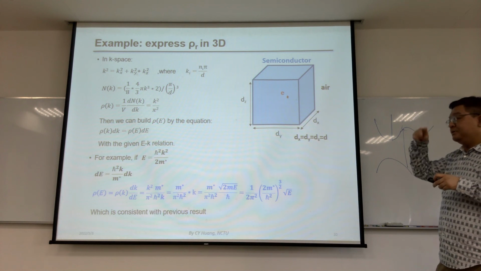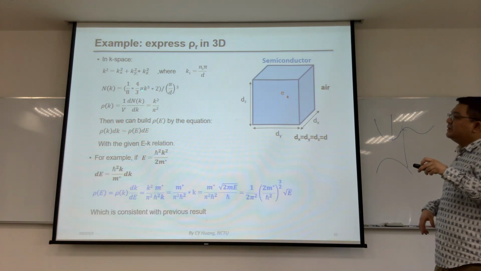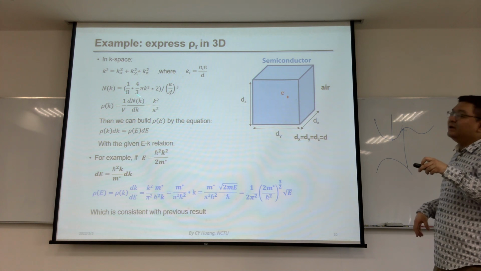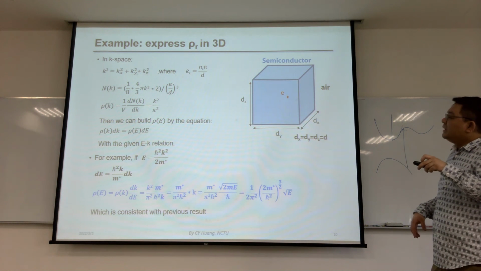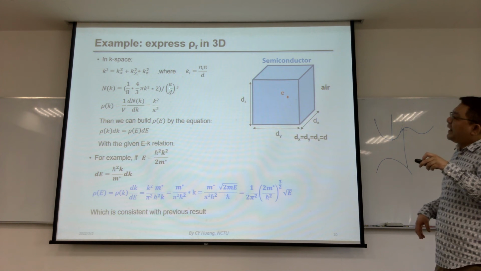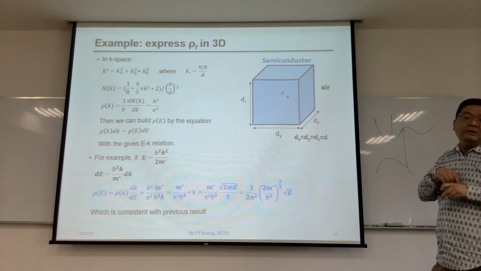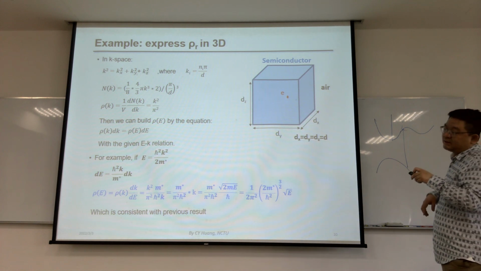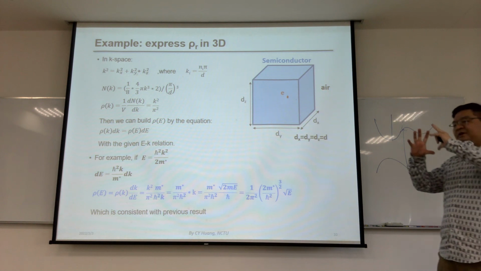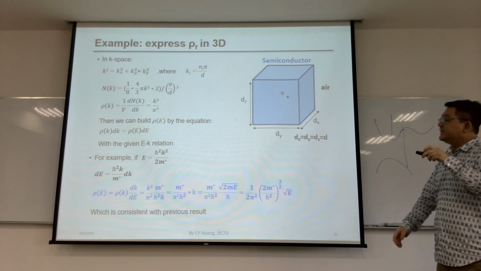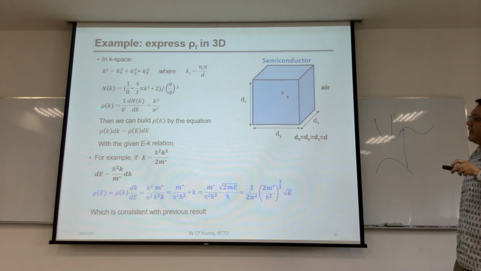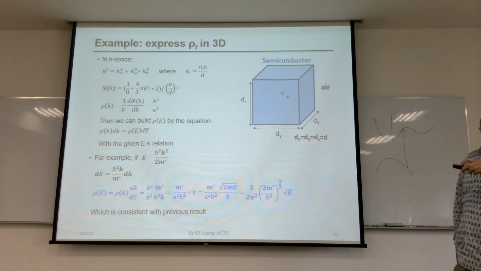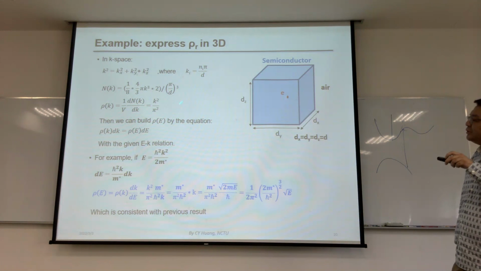Okay, so this is the total volume of a specific k sphere, and every (pi over d) cubed will have one state. So the volume divided by this is the total number of states in a sphere with the same k. Then rho of k is 1 over V times dN over dk. This is the definition, so it will naturally become k squared over pi squared.